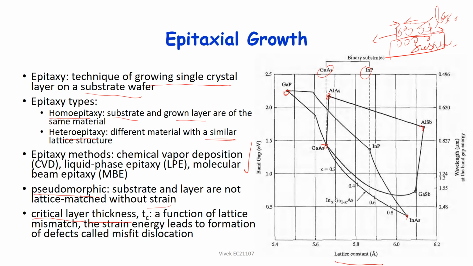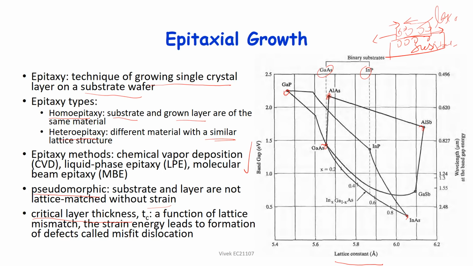If there is more strain, then you cannot grow a thicker layer. You can grow only a small thickness layer. That thickness depends on the strain, and the thickness up to which the layer does not have any defect is called critical layer thickness.